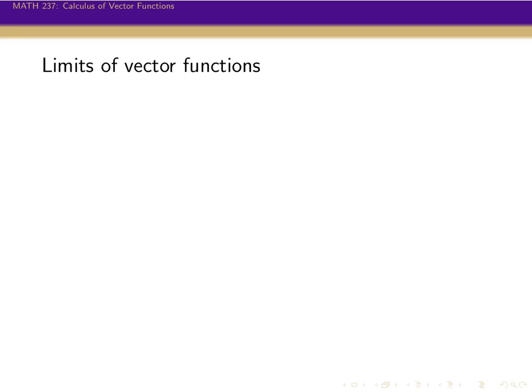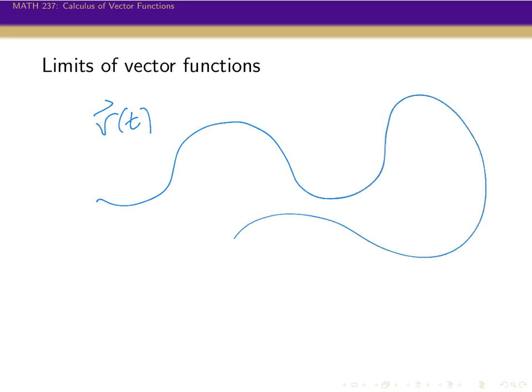So the nice thing for us about vector functions is, we use vector functions to draw out curves, right? If you have some vector function r of t, then this is going through and describing some path through space.